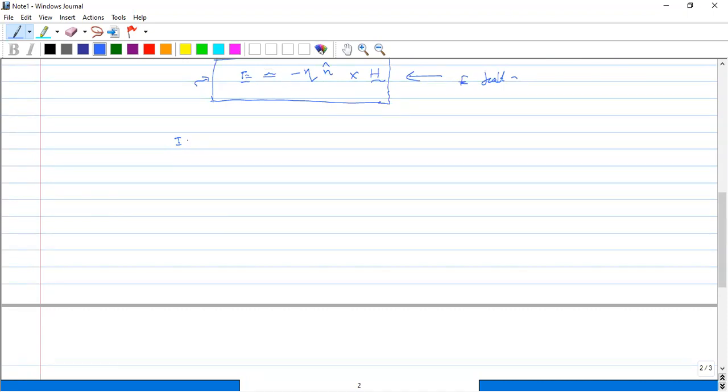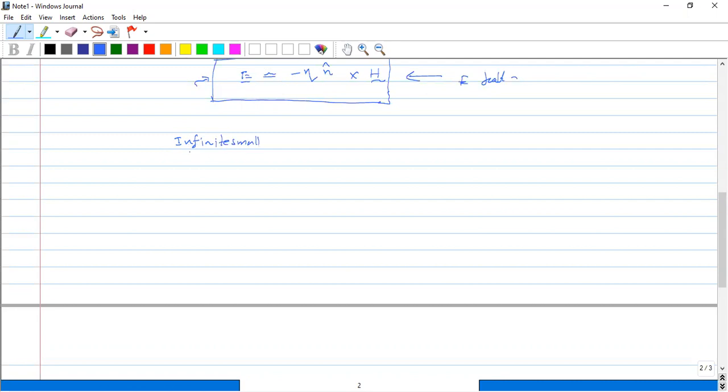I can't remember it. Anyway, I have used to pronounce it as infinitesimal dipole, maybe not 100% correctly. Please check Google for the correct pronunciation. So, infinitesimal.